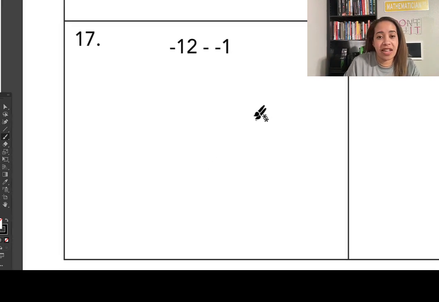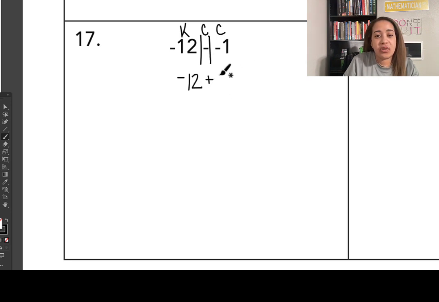Here is number 17. Every time we see subtraction, we say keep, change, change. So we keep the negative 12, change from a minus to a plus, and change from a negative 1 to a positive 1. We look at our addition problem, check out the signs, and we see different signs. We've got a negative plus a positive.